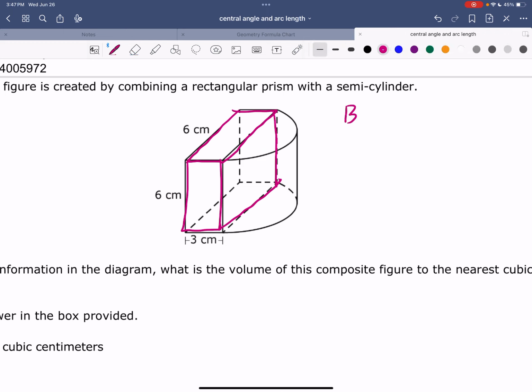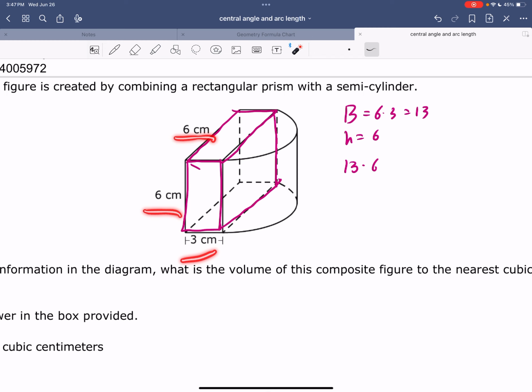Our base for this one is 6 times 3. Height is 6. So this one is 13 times 6. Basically, you multiply 6 times 6 times 3. I don't know what 13 times 6 is off the top of my head, but I can get it. 13 times 6 is going to be 78.